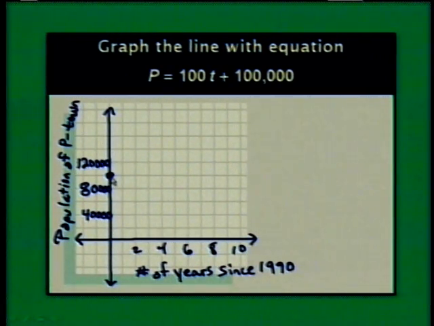So between 100,000 and 120,000 lies the point 101,000, but it's only 1/20th of the way from this box to this box. So when I plot the point (10, 101,000), I'm almost on the 100,000 line. So when I connect these two dots, check it out. The line segment I get is almost horizontal.